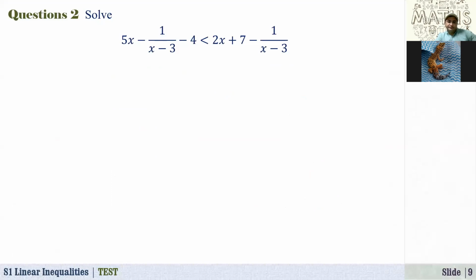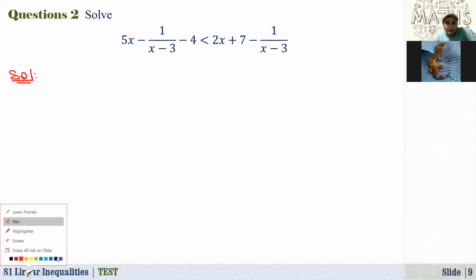Solve the inequality. Okay. And also in our previous classes, we did a similar question. And here what you have to pay attention to is the denominator, because the denominator involves some unknown, right? That x minus 3. So first, we know that x is not equal to 3, because otherwise we will have 0 in the denominator, which is not defined in math.